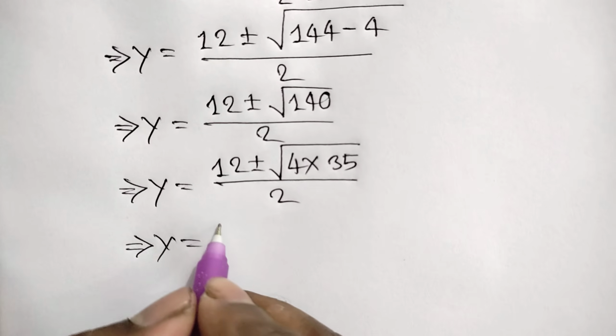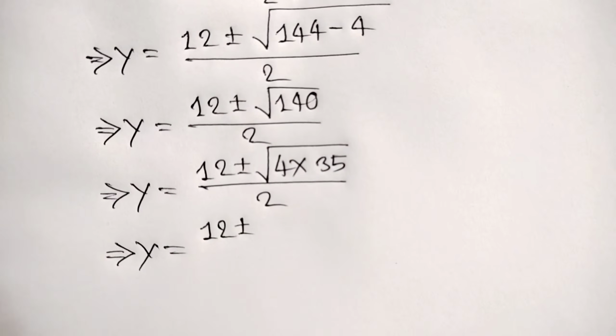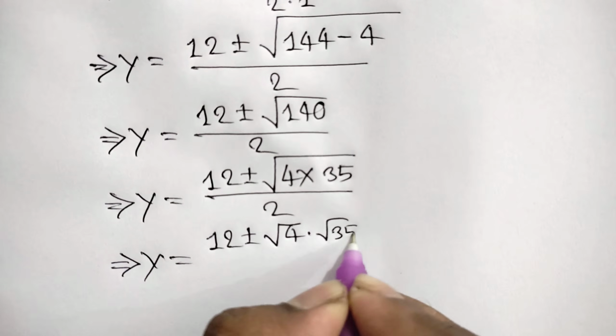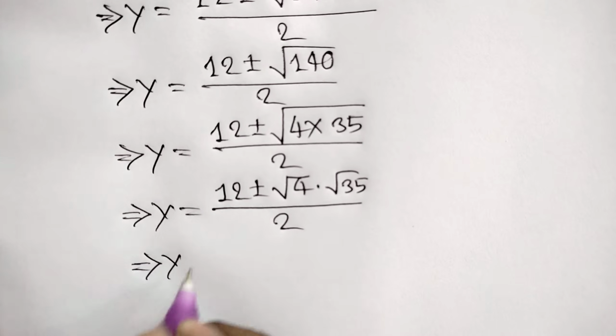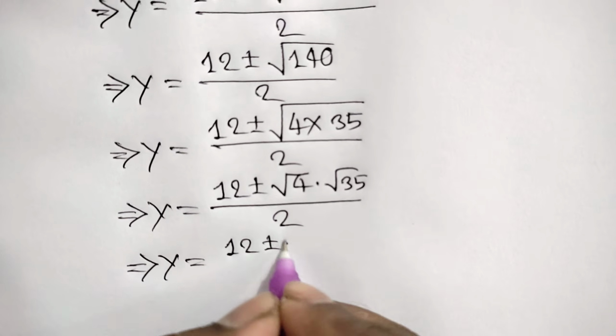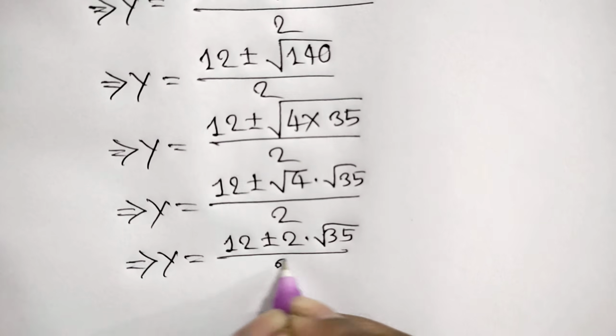Here we can write square root of 4 times square root of 35 over 2, or y is equal to 12 plus or minus square root of 4, which is 2, times square root of 35 over 2.